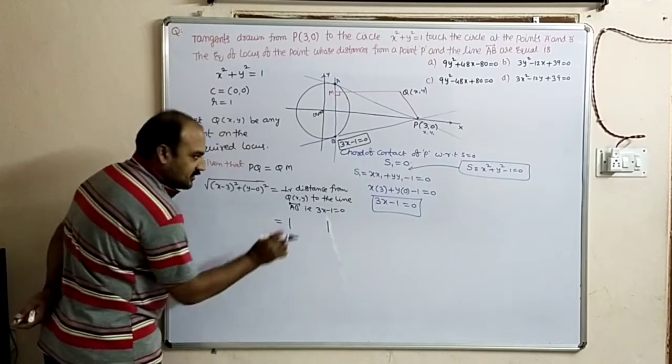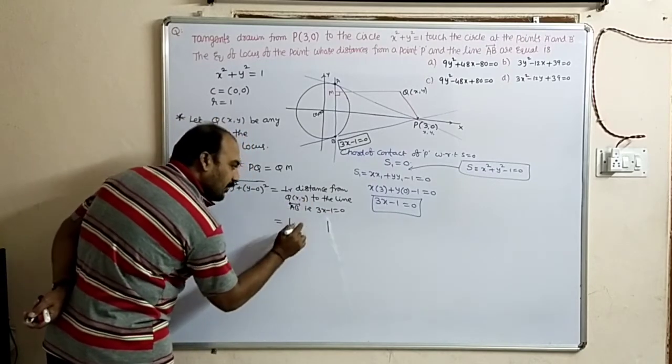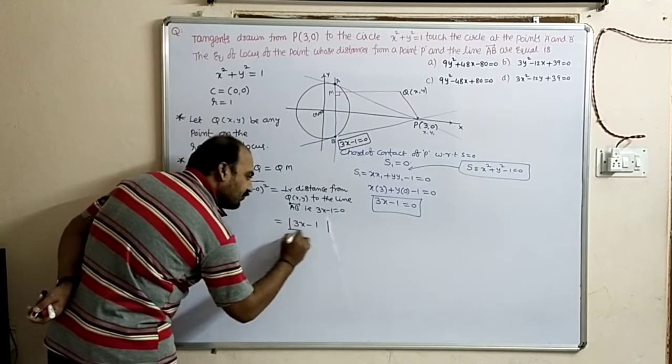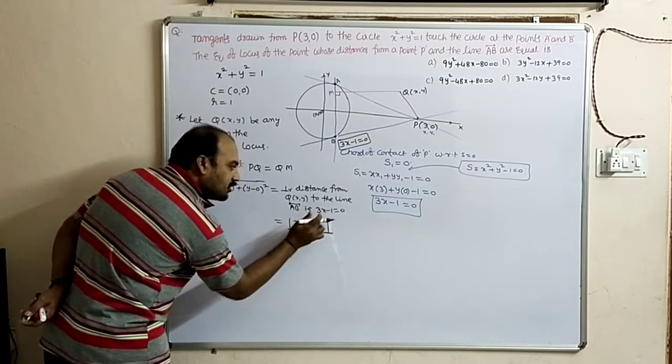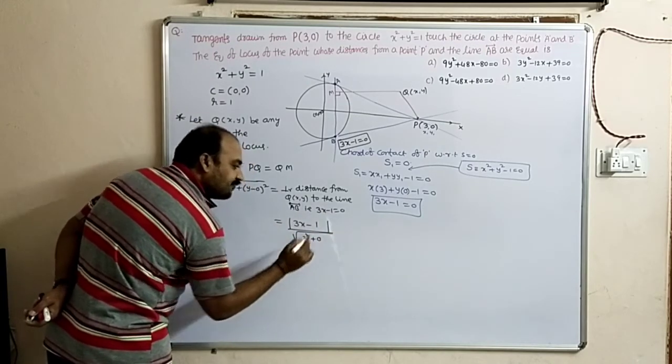The perpendicular distance is modulus of 3x minus 1 divided by the square root of the x coefficient squared plus the y coefficient squared.